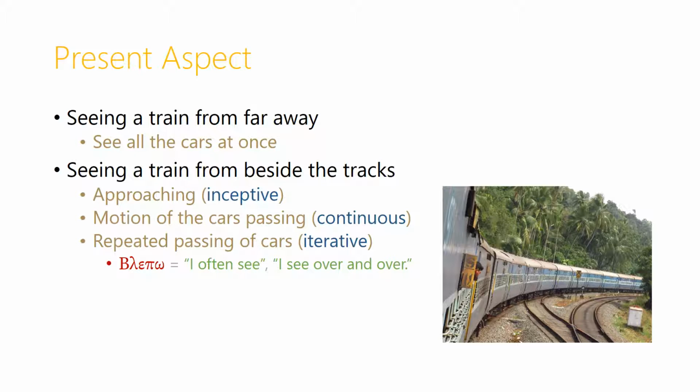Another thing that can strike us if we're standing right beside the tracks is how each car whips past us over and over again. And that repetitive motion of the cars going past us is a little bit like the view of the action that we get with the iterative use of the present. In this case, blepo could mean I often see, or I see over and over.